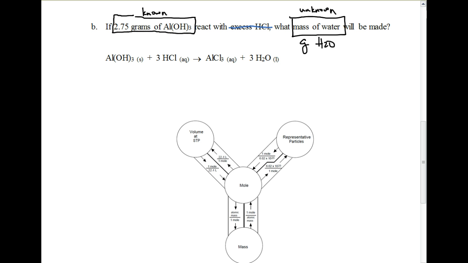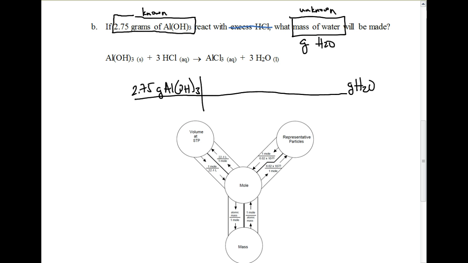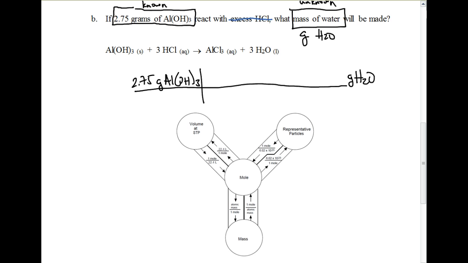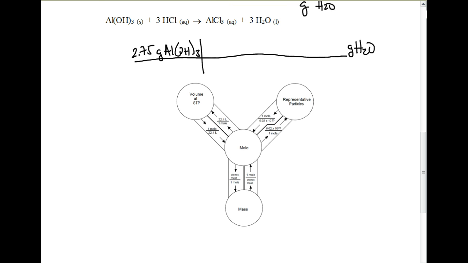Okay, so we're once again going to make a picket fence. We'll make it pretty long, and we're going to go 2.75 grams of aluminum hydroxide, and we're going to put grams of water way out here at the end, and I'm going to use my mole road to kind of guide me along here. So again, we're starting with grams.